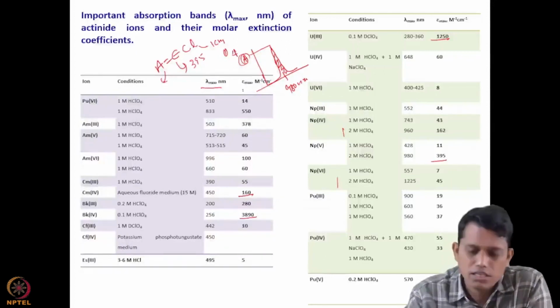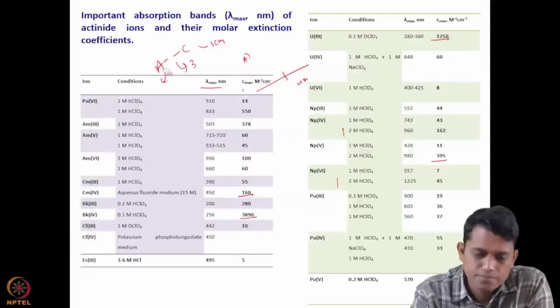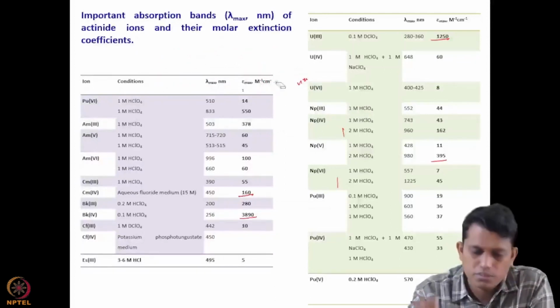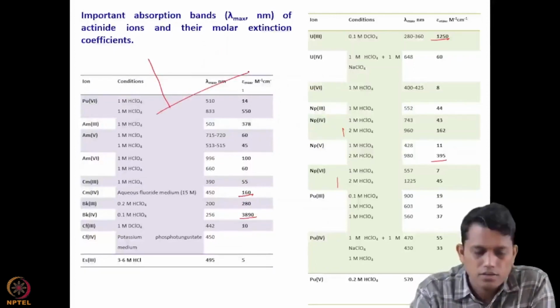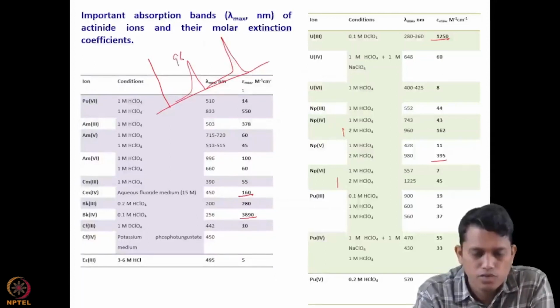Even if you have a mixture, it depends on the peak positions. Suppose you have a mixture of neptunium 4 and 5. Neptunium 4 is around 960 and neptunium 5 is around 980.